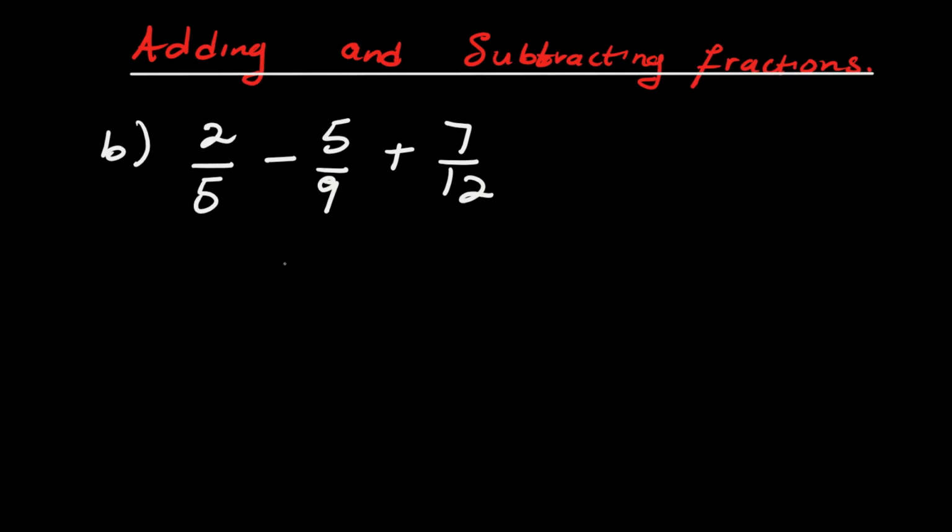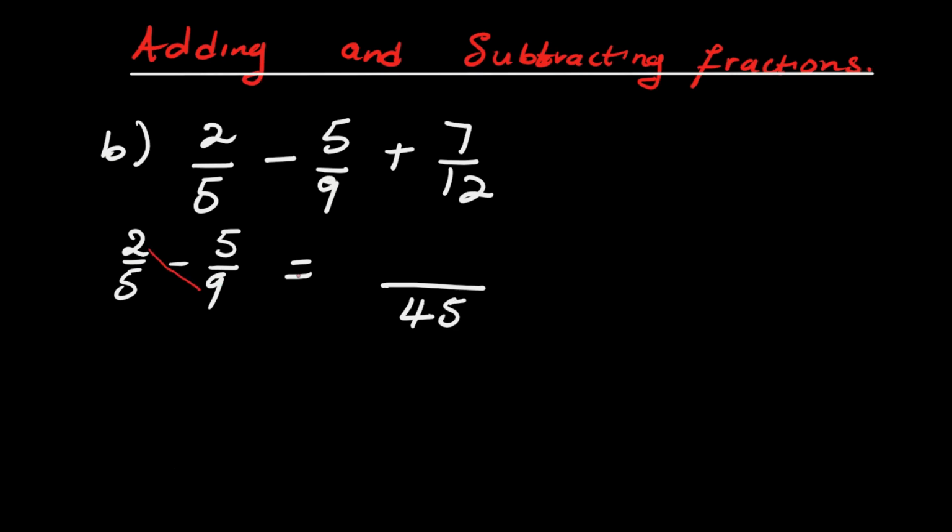And yes, to solve this question, we can deal with all three fractions at the same time, but the simpler way to do it is to group the first two and deal with them, then we can add the third one. So we'll be dealing with 2 over 5 minus 5 over 9 for now. We'll multiply the denominators, 5 times 9, which gives us 45.